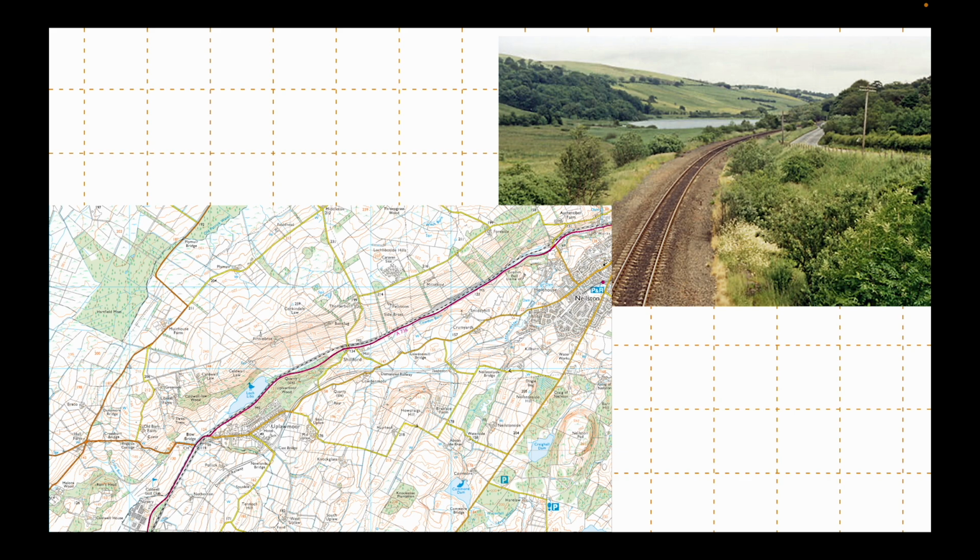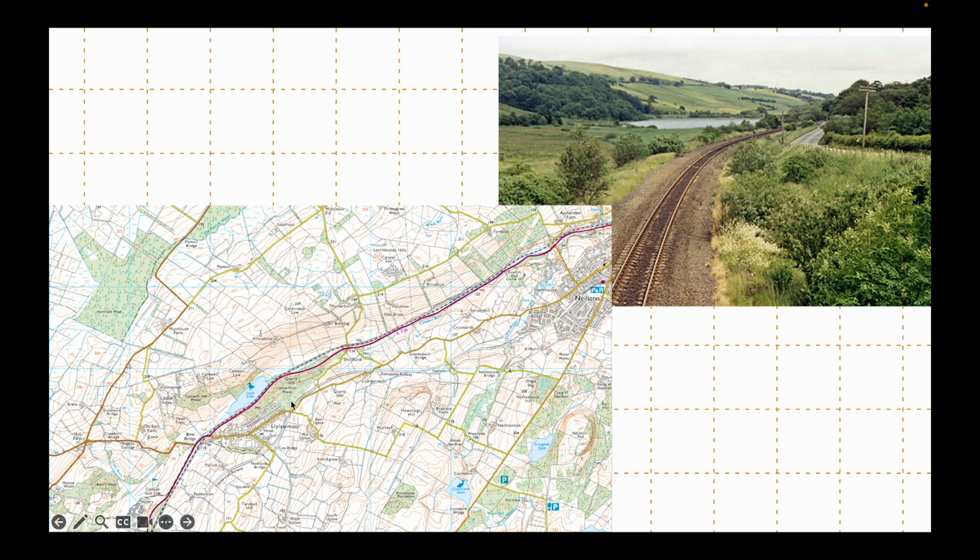Okay, just to show you what an escarpment is, I've actually found a picture of Loch Lebo and the escarpment. So just to give you some contextual representation here, you can see the main road, the A736, runs here. And to the left of the road you have the railway here.